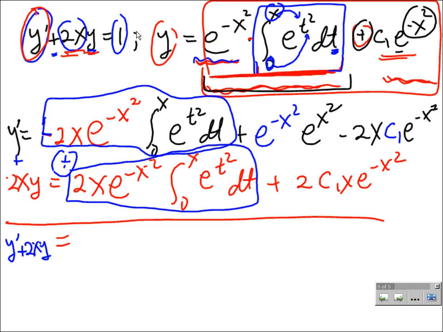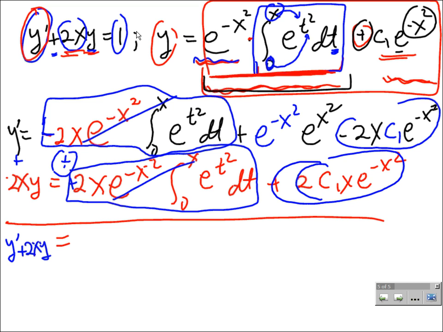This one is negative, the other one is understood to be positive. When I add them, I get 0. Okay, so that's 0. And I say, oh, look at this. Those two are exactly the same, except the signs are different. This is plus, this one's minus. When I add them, they vanish to 0. All that survived is plus e to the negative x squared times e to the positive x squared.